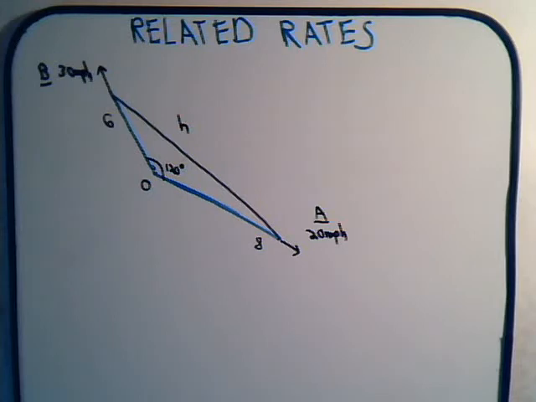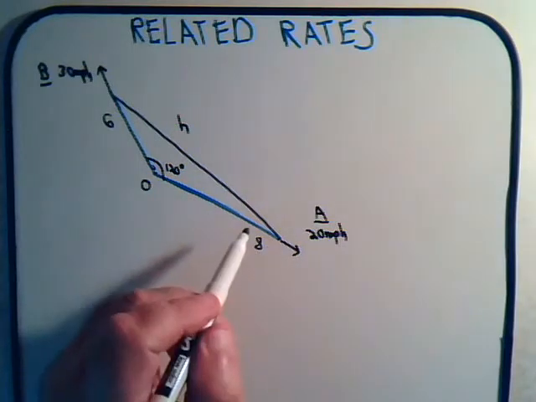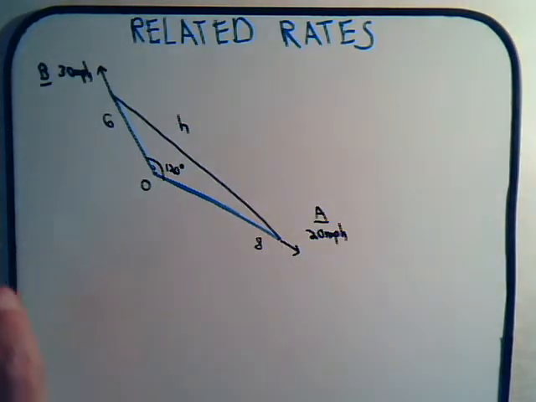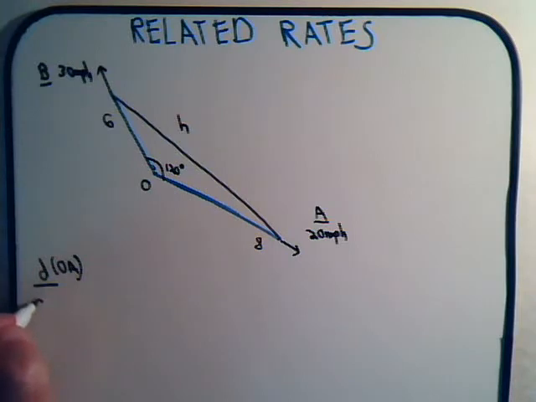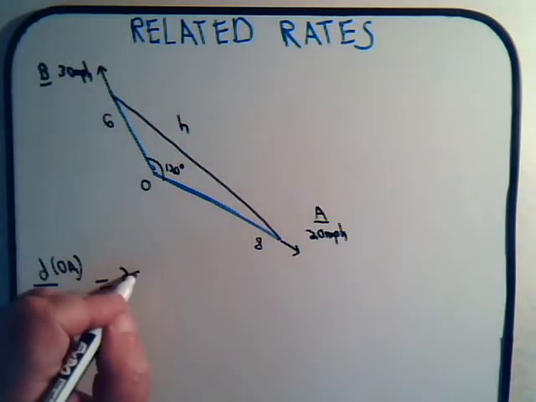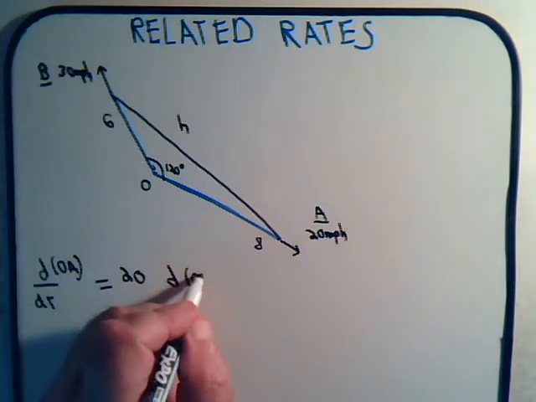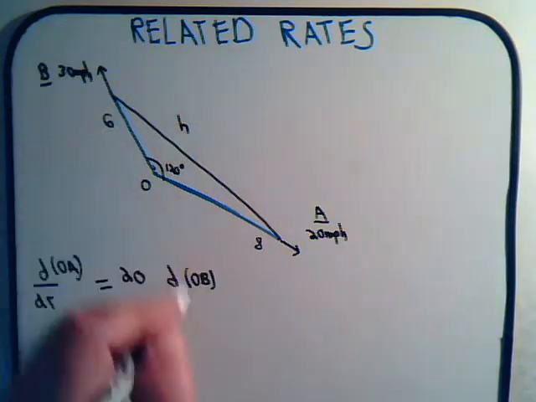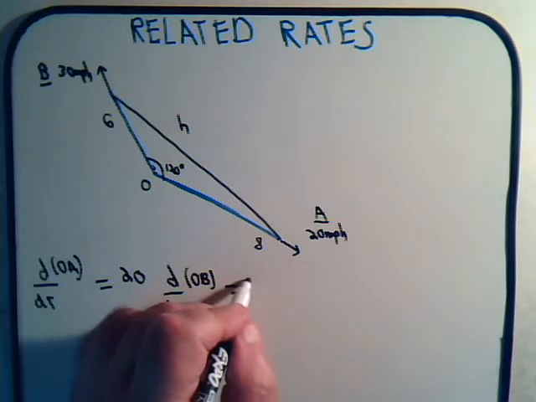So let's see, what information are we given? Let's call this segment here OA. We know that d(OA)/dt equals 20. And we know that d(OB)/dt equals 30.